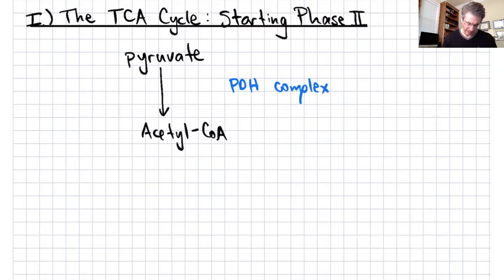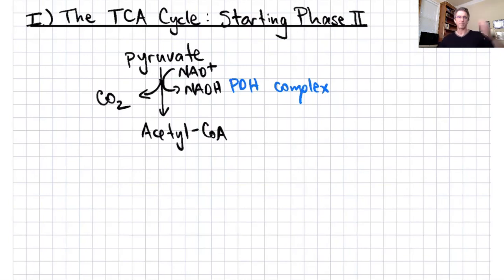As you recall, this pathway generates, as a key part of this oxidative decarboxylation, some NADH, and it also decarboxylates that pyruvate, kicking off that CO2 group to form acetyl-CoA.